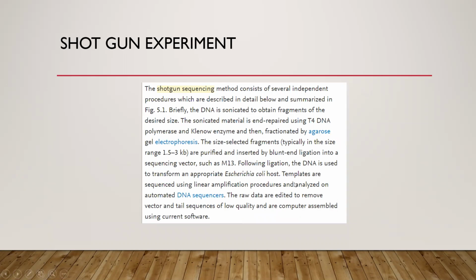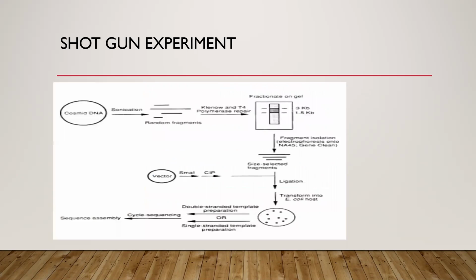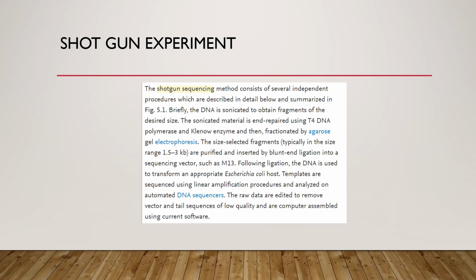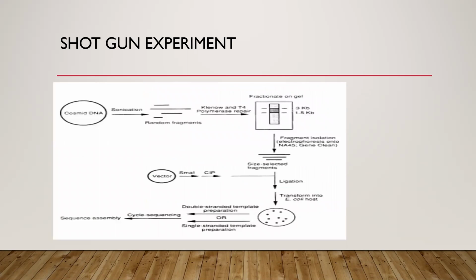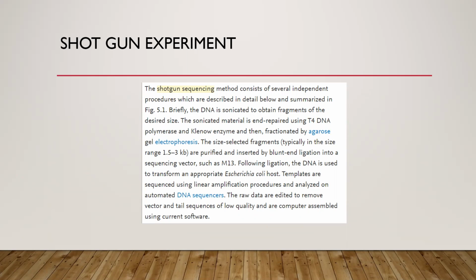Okay. Look at here. The shotgun sequencing method consists of several independent procedures which are described in detail in the diagram. Look at here, this is the diagram. The DNA is sonicated to obtain fragments of the desired size.